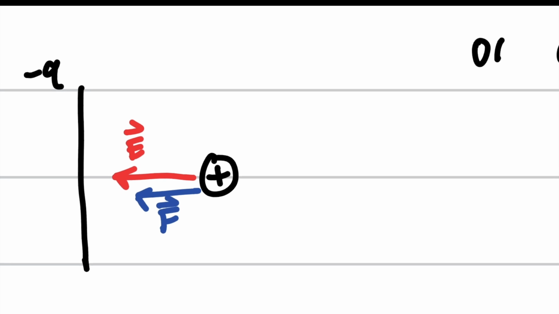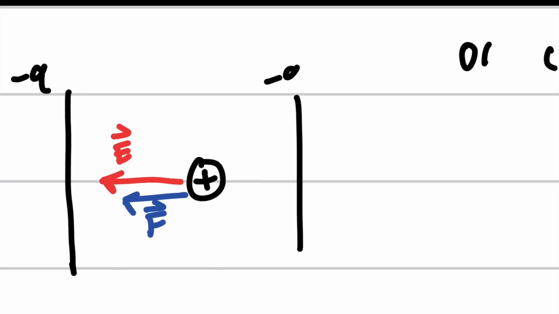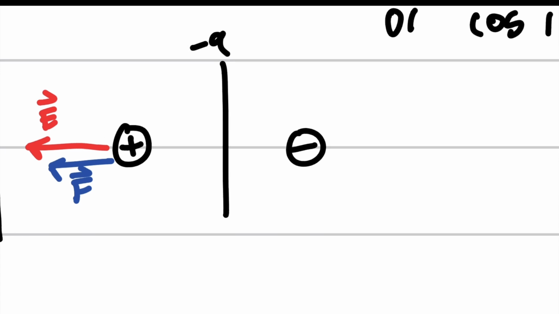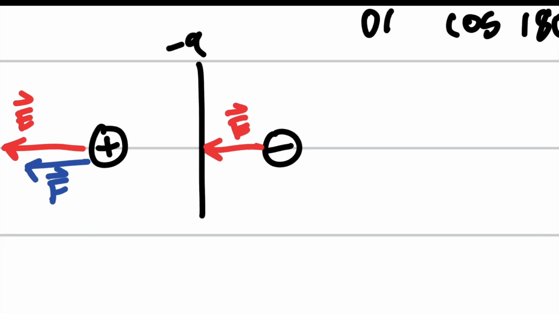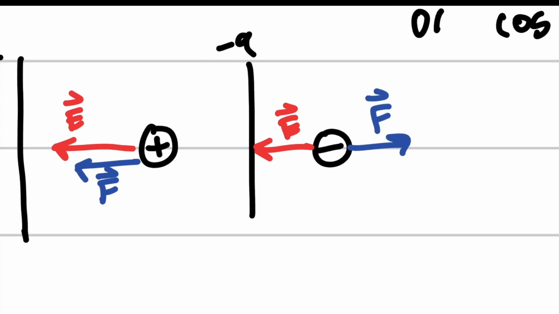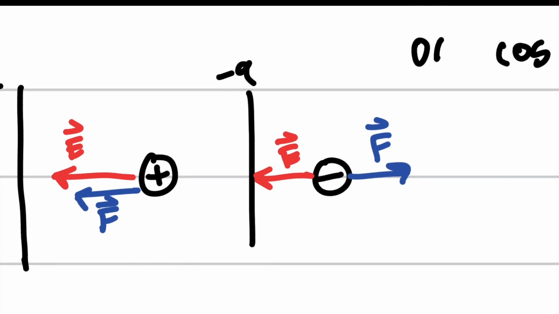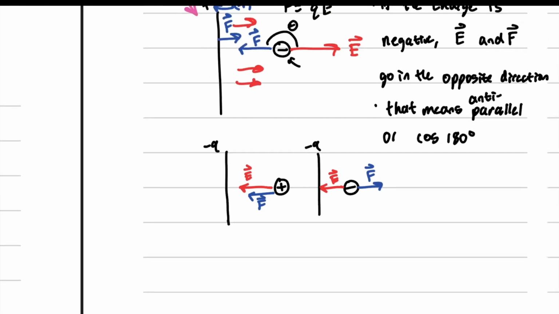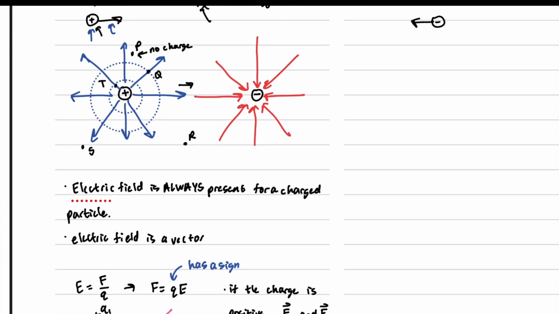And if this was a negative Q and this was a negative particle, then the electric field would still be going this way, but the force would be going this way because it's the opposite. And see, it's consistent. It wants to go away, right? They have the same charge sign, and so this one wants to go away. These have opposite ones, so they want to attract each other. Okay, so that's an introduction to electric fields.